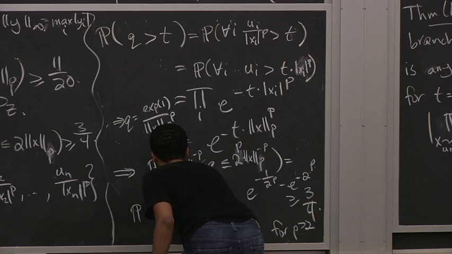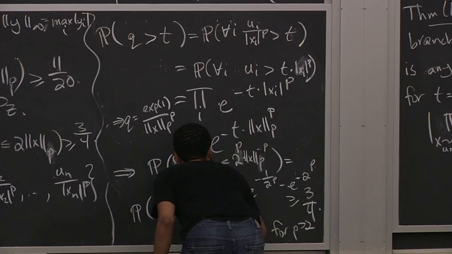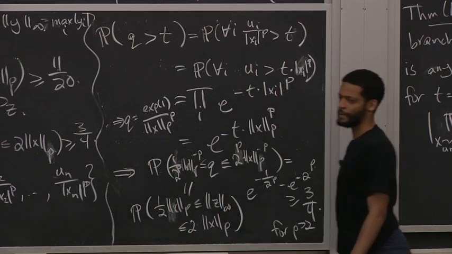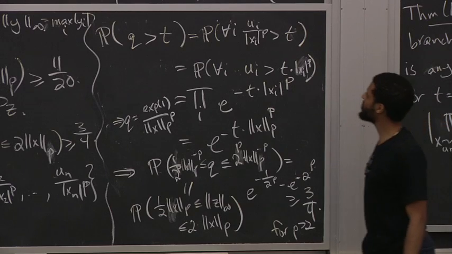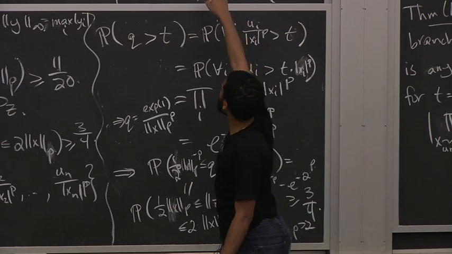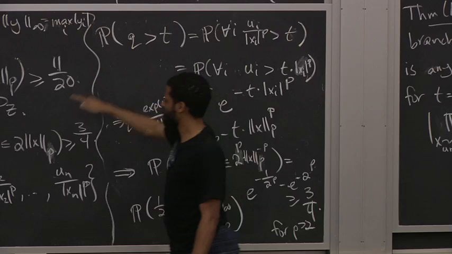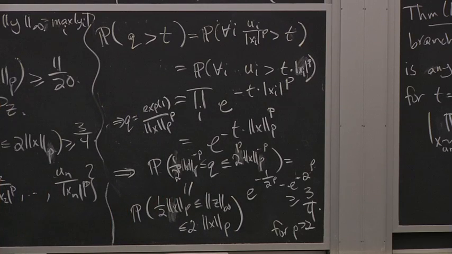Right? But this quantity here is the same thing as the probability that 1/2 of the Lp norm is less than or equal to ||z||_infinity, which is less than or equal to 2 times the Lp norm. Right? The entries of z are xi over ui to the 1 over p. The entries of q are 1 over that, raised to the pth power.